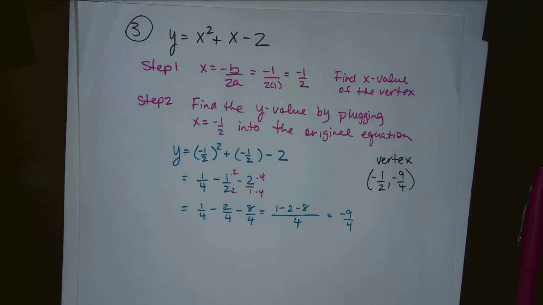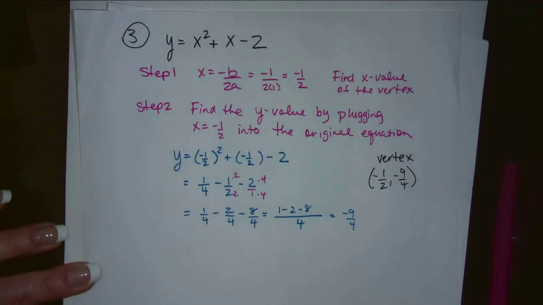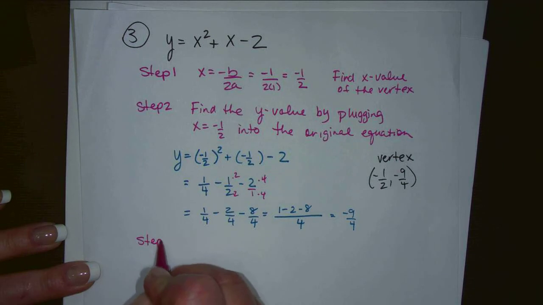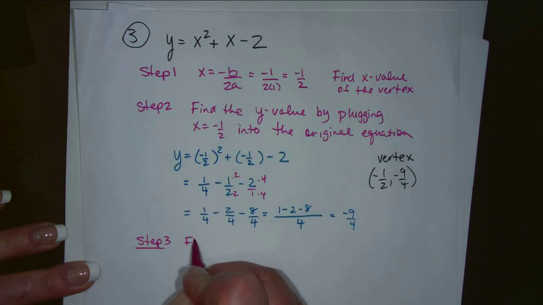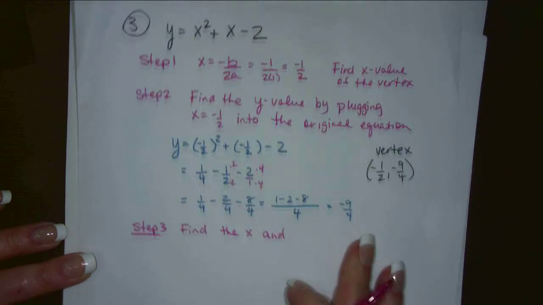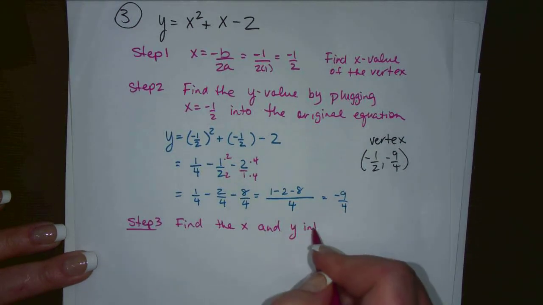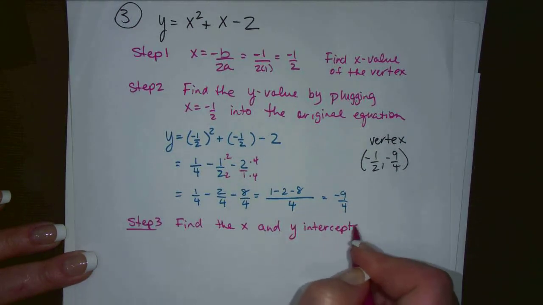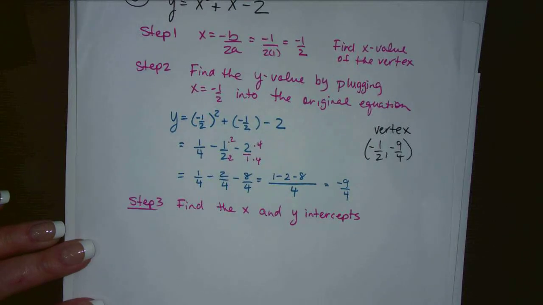And if the vertex is not on the x-axis, then there are intercepts probably going through the x and the y-axis. So we're going to add that to our steps. So let's say step 3, find the x and y-intercepts. Same way we did for the linear equations, but now we've got quadratics to solve.